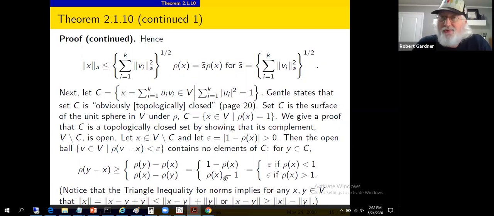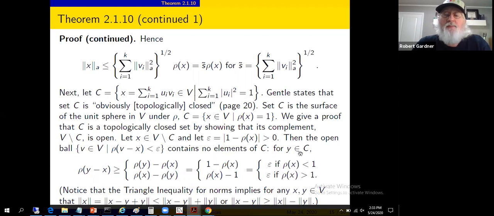One of them is uninteresting because it's negative, depending on the rho values. Remember, epsilon is the absolute value of 1 minus rho of X. If rho of X is less than 1, then the absolute value of 1 minus rho of X is 1 minus rho of X. If rho of X is greater than 1, then 1 minus rho of X is negative, and the absolute value introduces another negative. In both cases, we get epsilon.